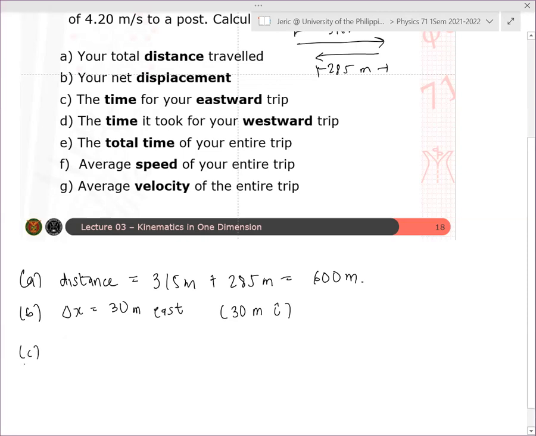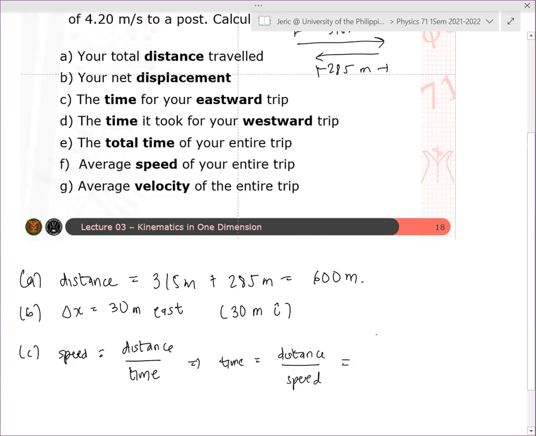What is the time it took for your eastward trip? So alam natin na speed is distance over time, which gives us time is equal to distance over speed.